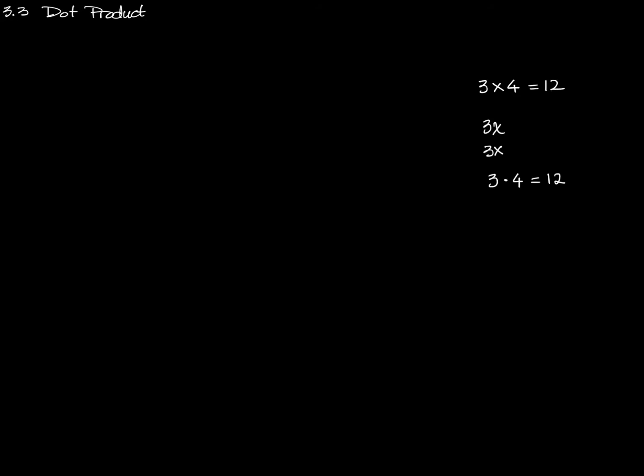Well, it turns out that in algebra, in arithmetic, in the real numbers, these two symbols do the same things to these two numbers. But in matrix algebra or in linear algebra, they do not. So in arithmetic, we can get away with just moving from one symbol to another.